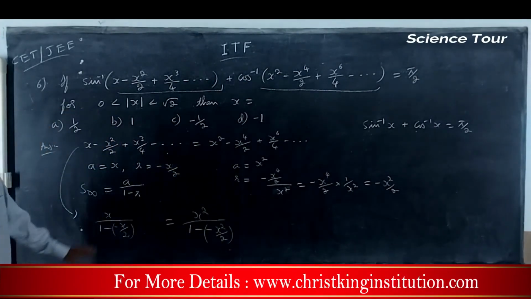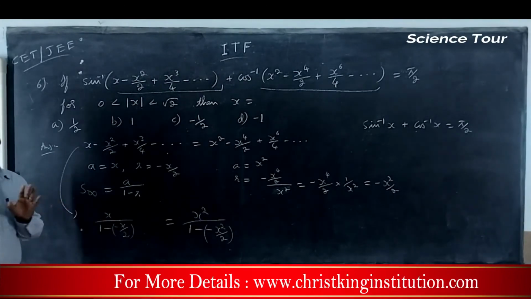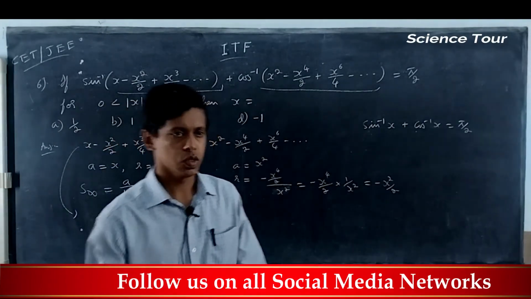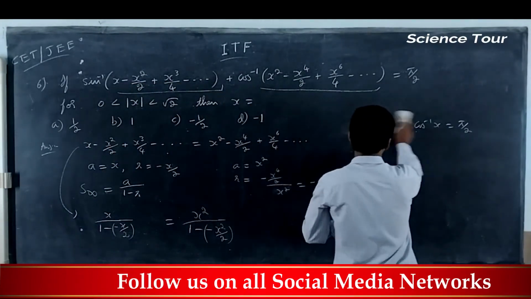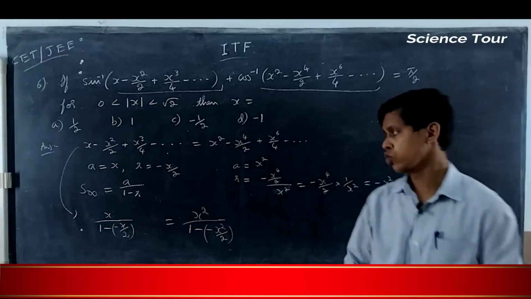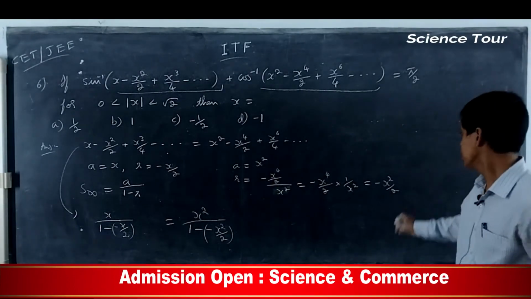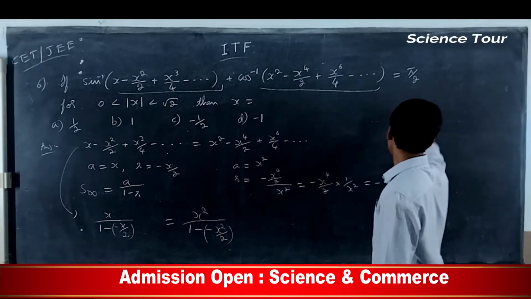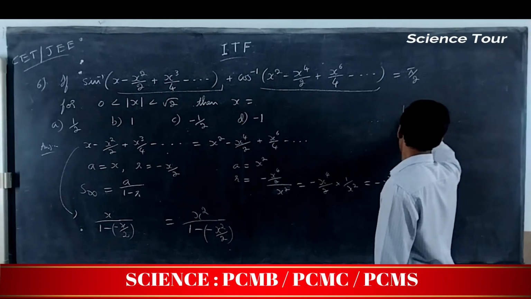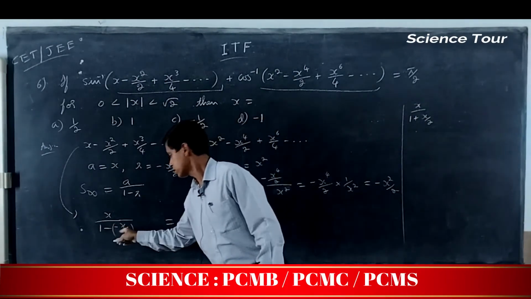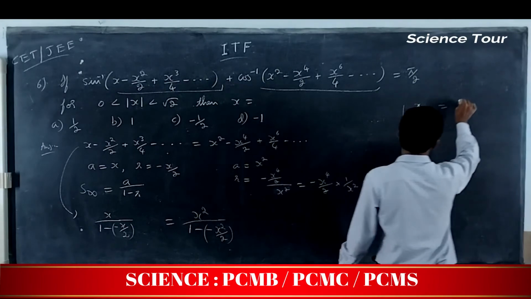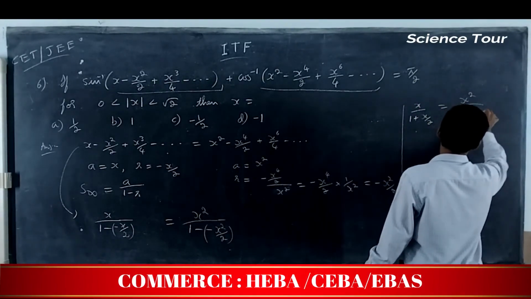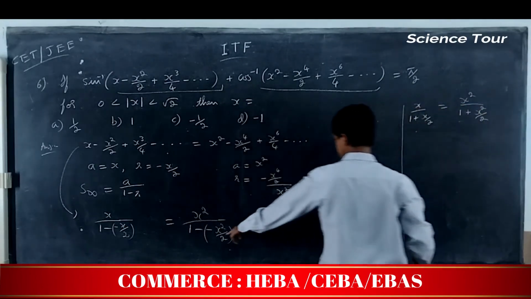So we have arrived at this stage. Now it is very easy to find the value of x. We'll just use those fractions and simplify. You have x divided by 1 plus x by 2, equal to x square divided by 1 plus x square by 2.